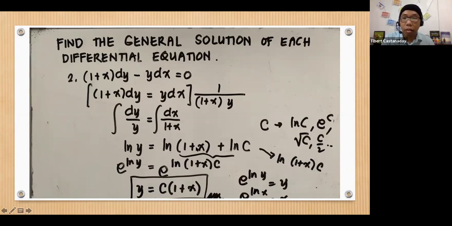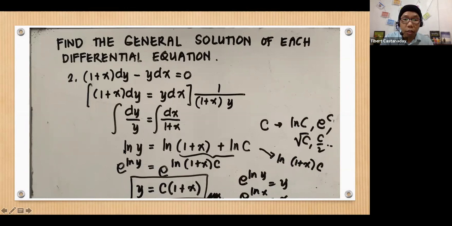Doing this is one way of simplifying, of removing ln. To remove the ln, we introduce the anti-ln, or we take the anti-ln of both sides of the equation.